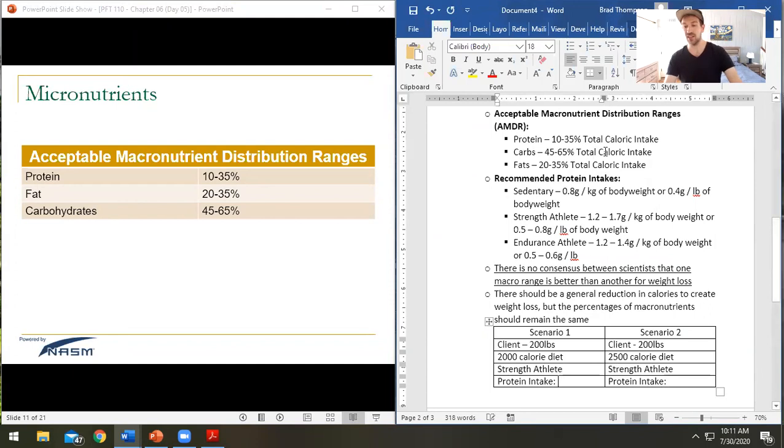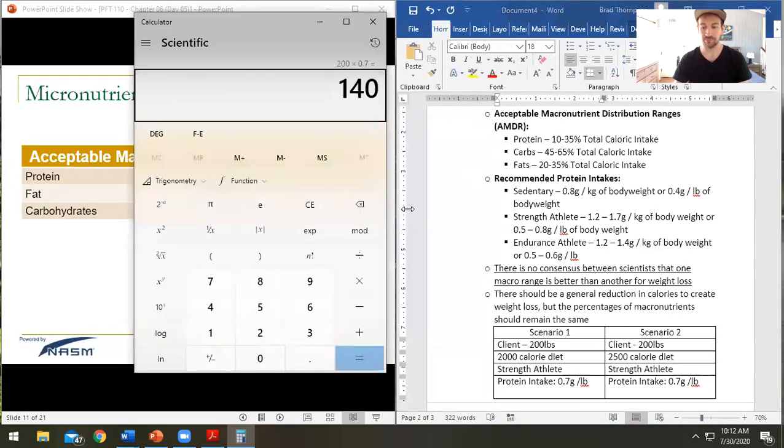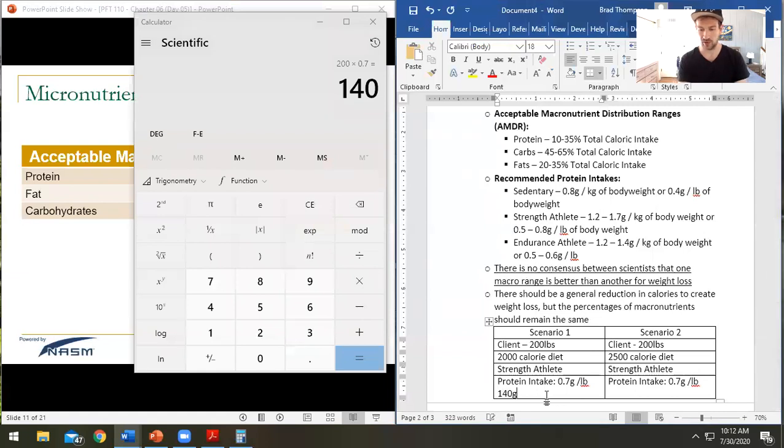We'll go with 0.7 grams per pound for both people because they both weigh the same. So that's 200 times 0.7, 140 grams of protein per day.